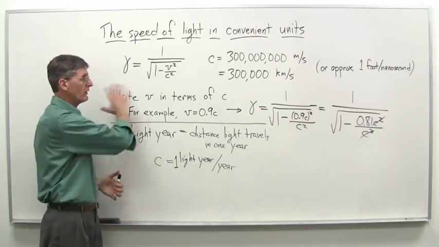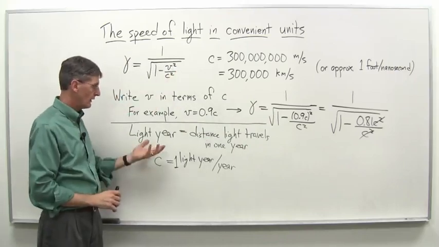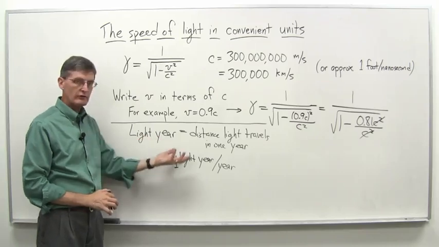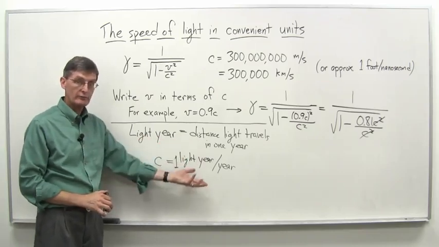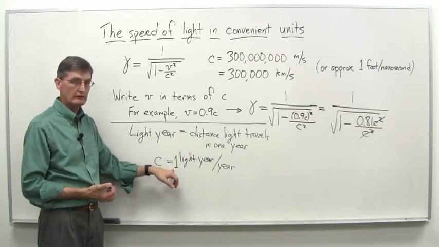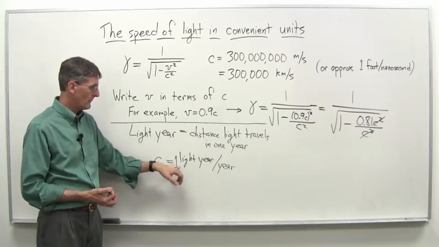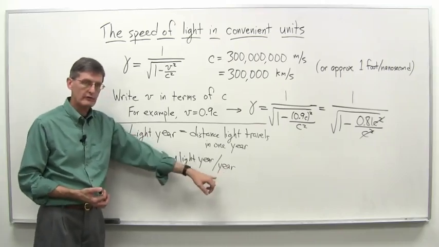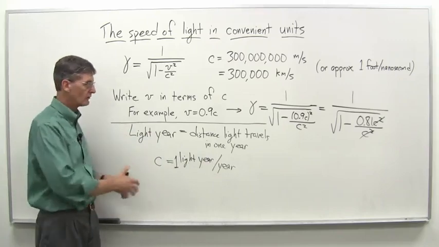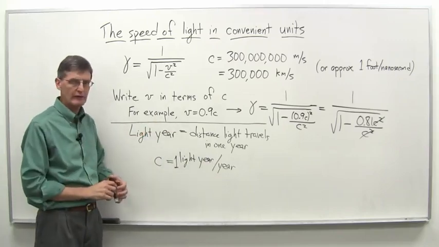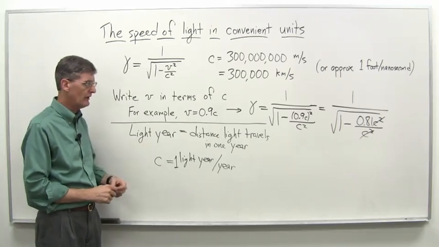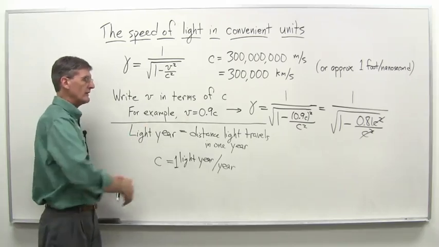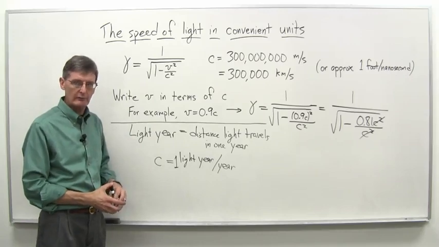If our distances are in light years, then the velocity is in light years per year, and c is just 1 light year per year. So if you use light years, then time is going to be in years. If you use light seconds, then your time is in seconds, and so on and so forth. So long as you're consistent with that, and it's pretty easy to keep track of it, it makes some of the quantitative analysis and calculations a little bit easier for us.